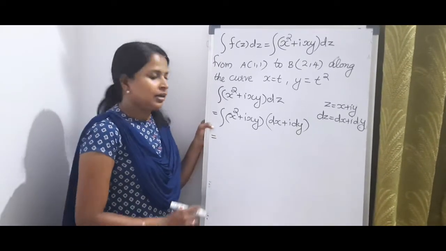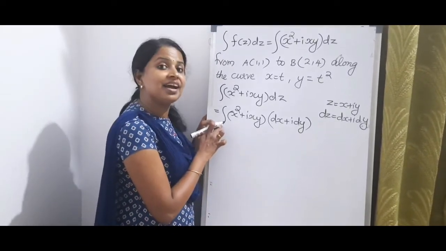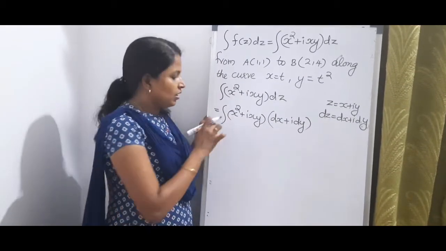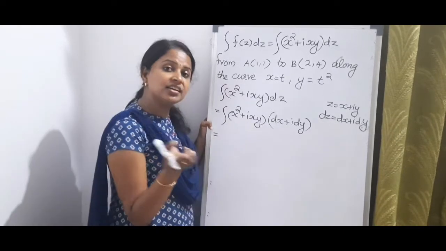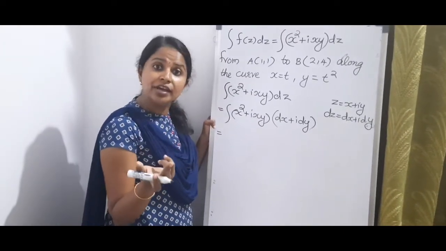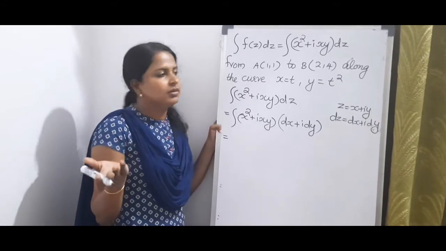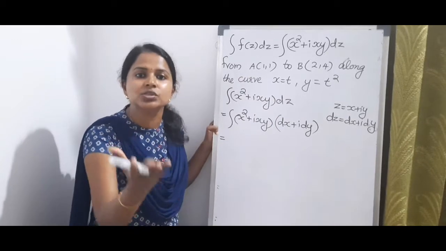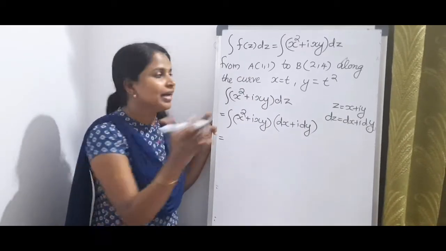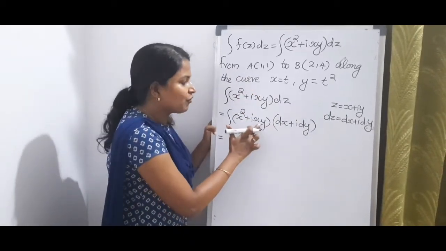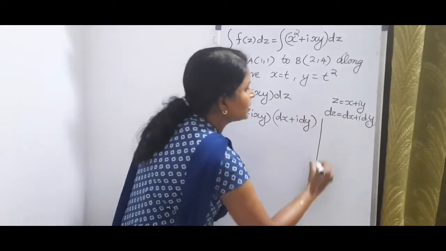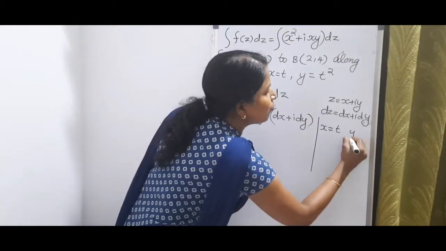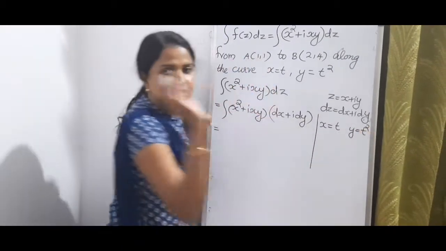Here the integral is a line integral, but there are two variables x and y. So we convert either x or y into another variable. Here x equal to t and y equal to t square is given, so we substitute those.